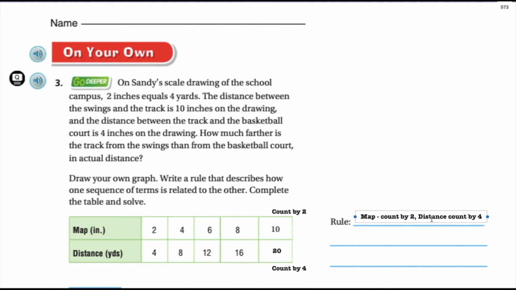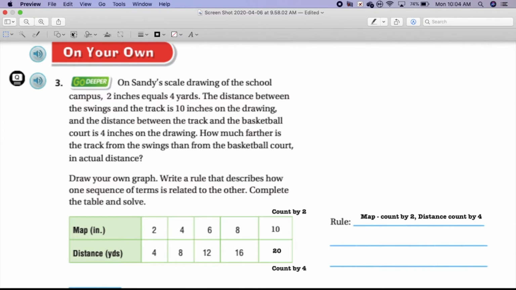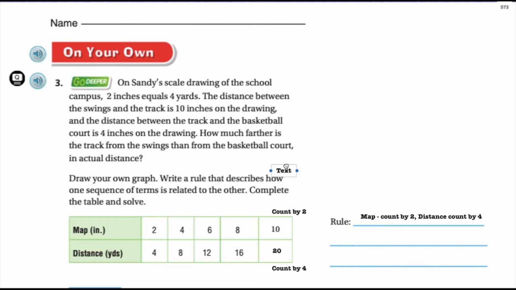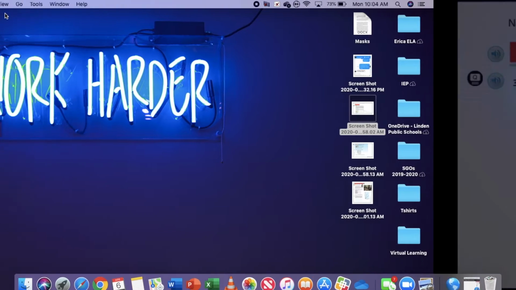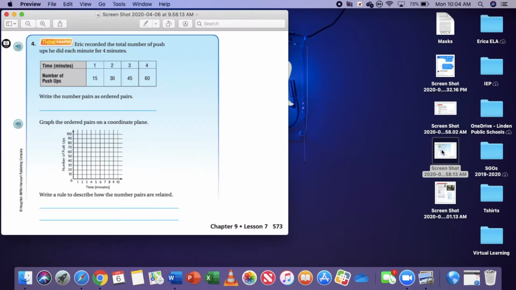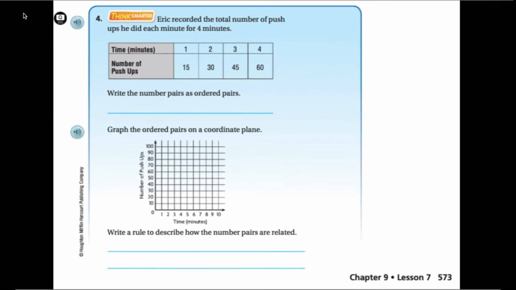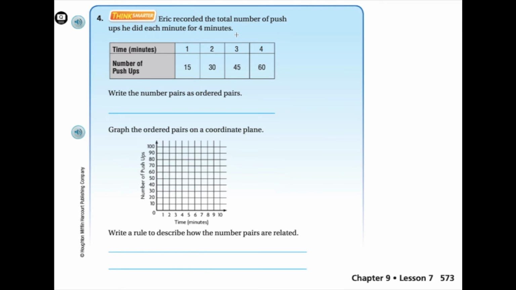All right, when you have that, we're going to go ahead and go to the bottom. As I pull it up, I'm going to just go ahead and start reading it. Eric recorded the total number of push-ups he did each minute for 4 minutes. Okay, let's read that again.